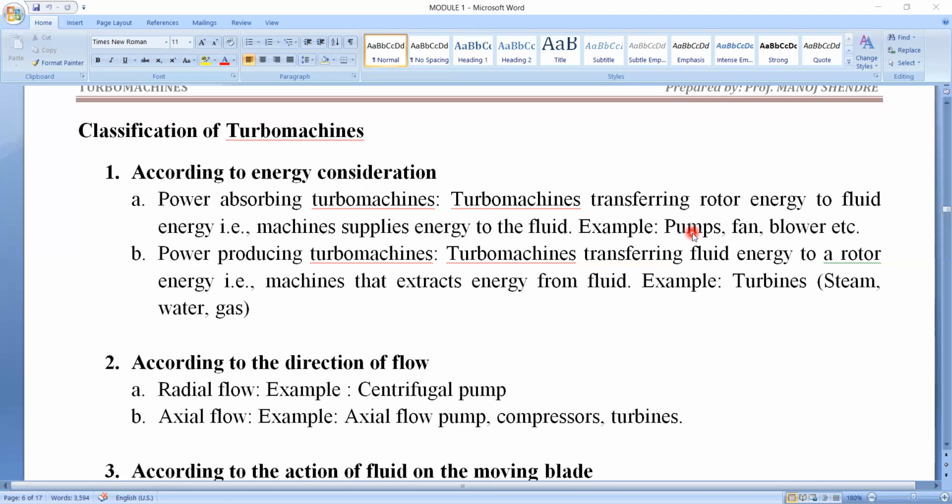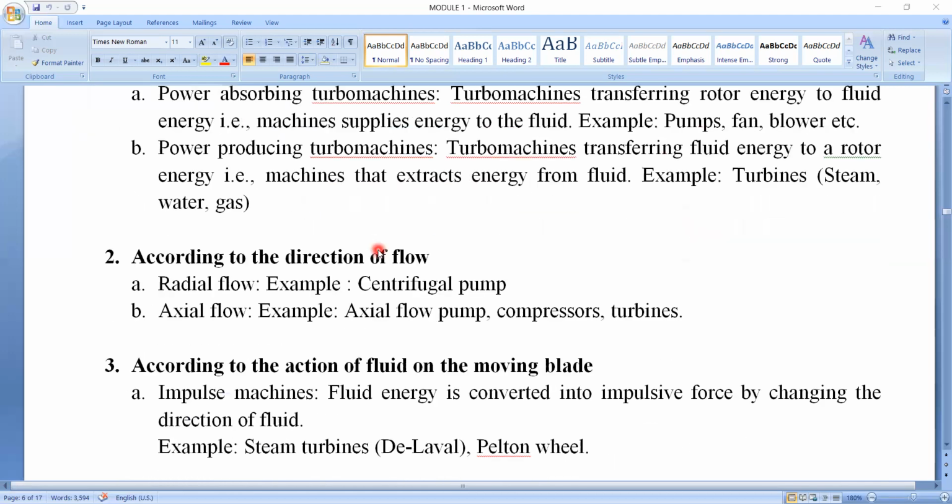Another example is a ceiling fan. In a fan, at the expense of mechanical energy, we get high pressure air at the outlet. That means the mechanical energy is converted into the pressure energy of the fluid. Similarly, we have pumps, blowers, fans, compressors, etc. These are some examples of power absorbing turbo machines.